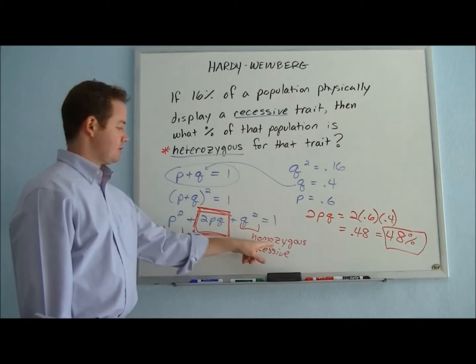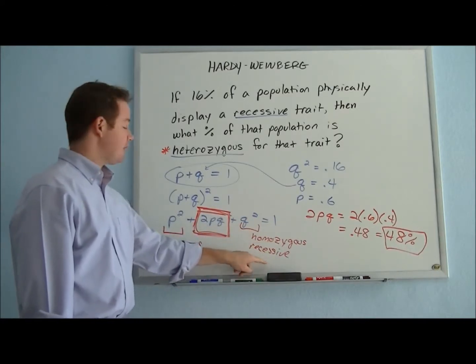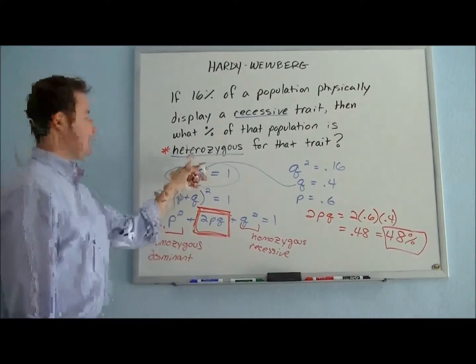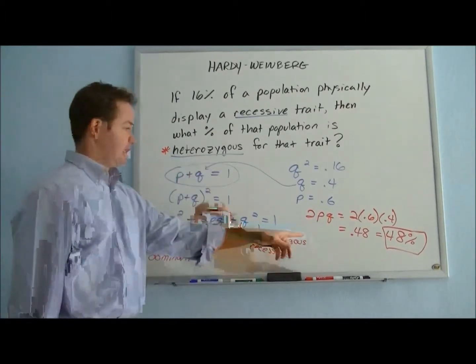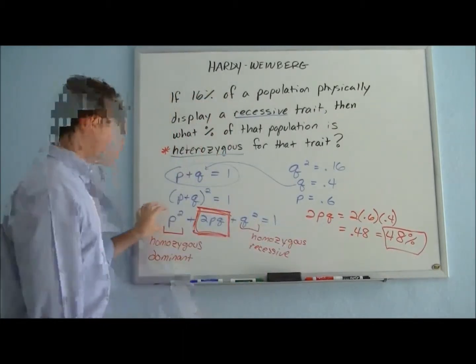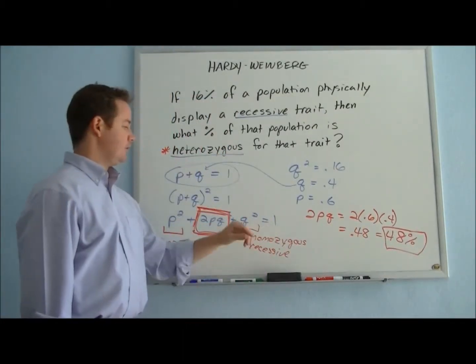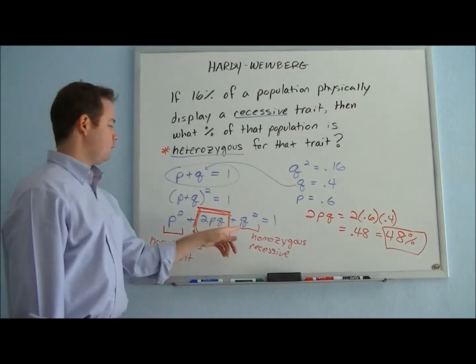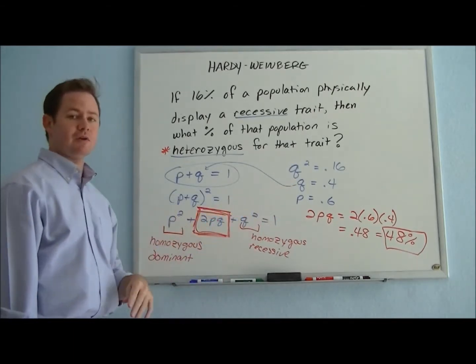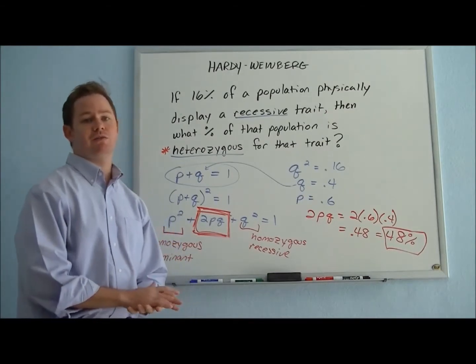Q squared represents your homozygous recessive portion of the population. And 2PQ represents your heterozygous percent of population, which in this case comes out to be 48%. When you add up all those values together, it will equal 1. So as long as you know even one of these parts, you can find P and Q, and you can solve for any of the corresponding parts that a question might ask for.